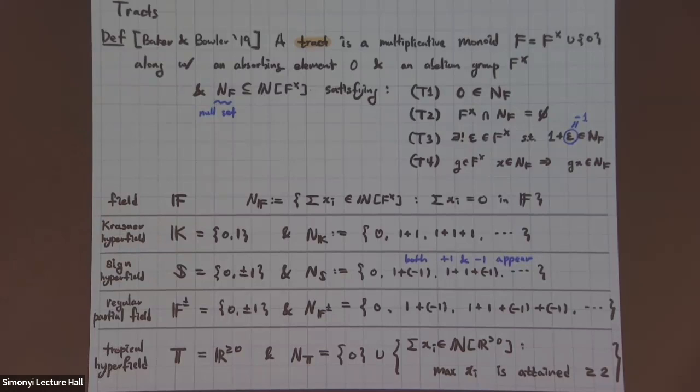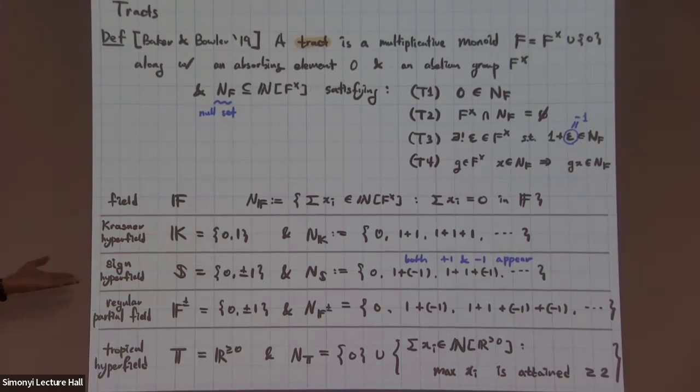Here 1 stands for the nonzero elements. If you consider the sum of two nonzero elements, it can be 0, right? And the sum of three nonzero elements can also be 0. So this captures these properties.